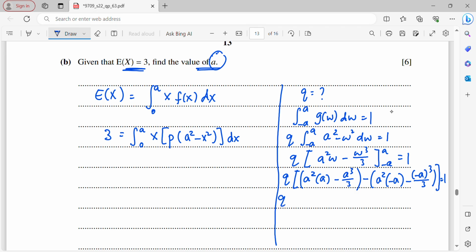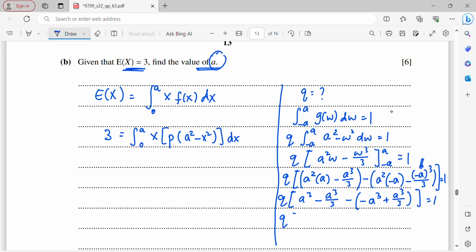So from here I will get Q bracket. The first one is going to be a cubed minus a cubed over 3. Then minus, now a squared times minus a is going to be negative a cubed. Then the minus a cubed here is going to be minus negative a cubed. Then minus minus is a plus. So plus a cubed over 3. Then here equals to 1.